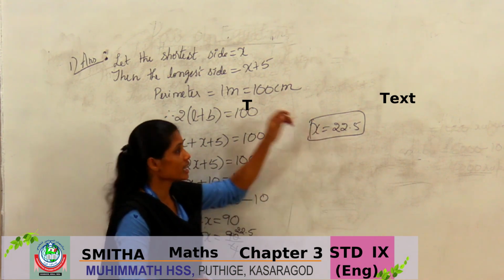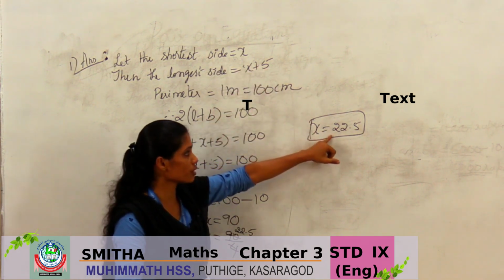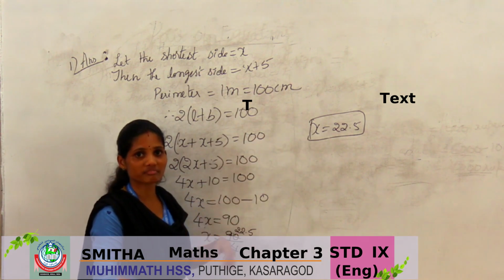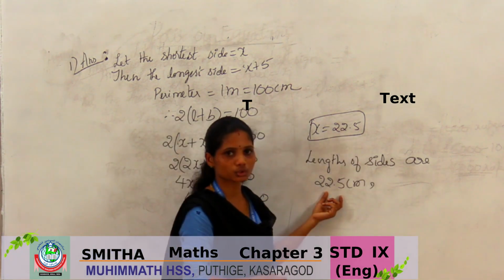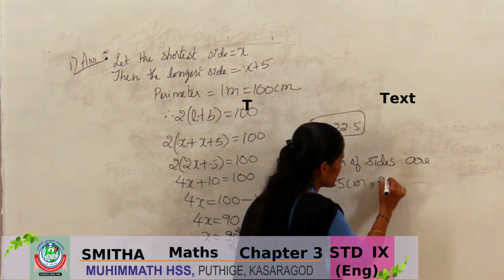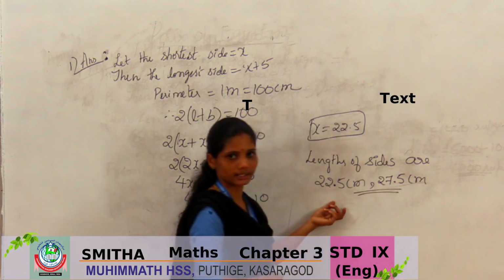What is this x? It is the shortest side. The value of the shortest side is 22.5. Then what about the longest side? It is 22.5 plus 5. Therefore, the lengths of the sides are 22.5 centimeters on one side and another one is 27.5 centimeters.